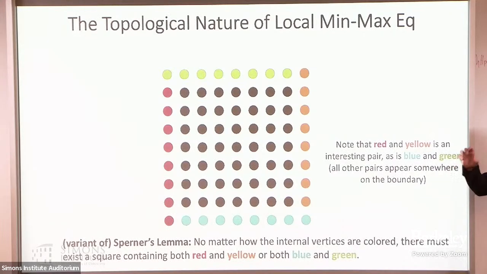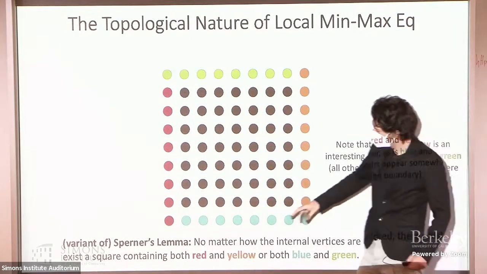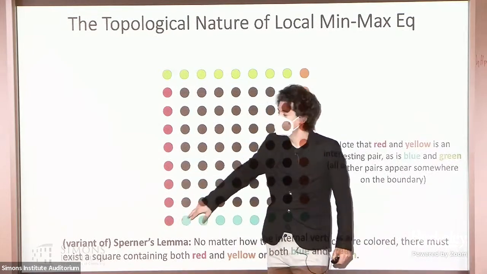Now, there are 4 colors that I'm using here, and there are 6 pairs of these 4 colors. Out of the 6 pairs, 4 pairs are trivial because they come together already in the boundary. Blue and red come together here, and so on.